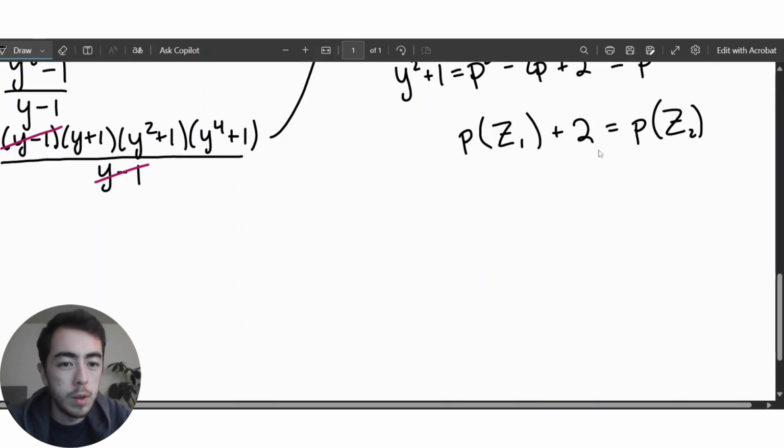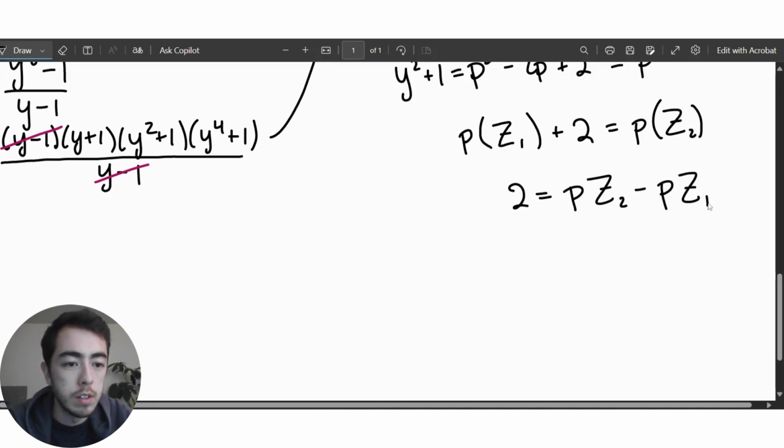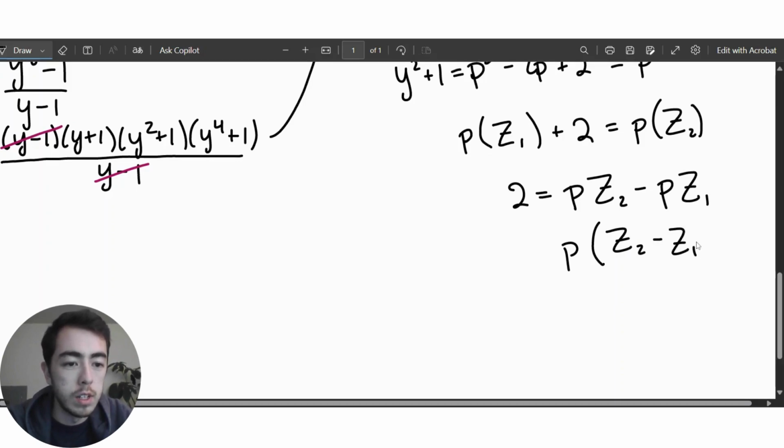Then let me get those p's on the same side. So I'll subtract this one and put it over there. 2 is equal to p times some integer minus p times another integer. And how about I factor out those integers? Now, when I do that factoring, z2 minus z1, these are both whole numbers.